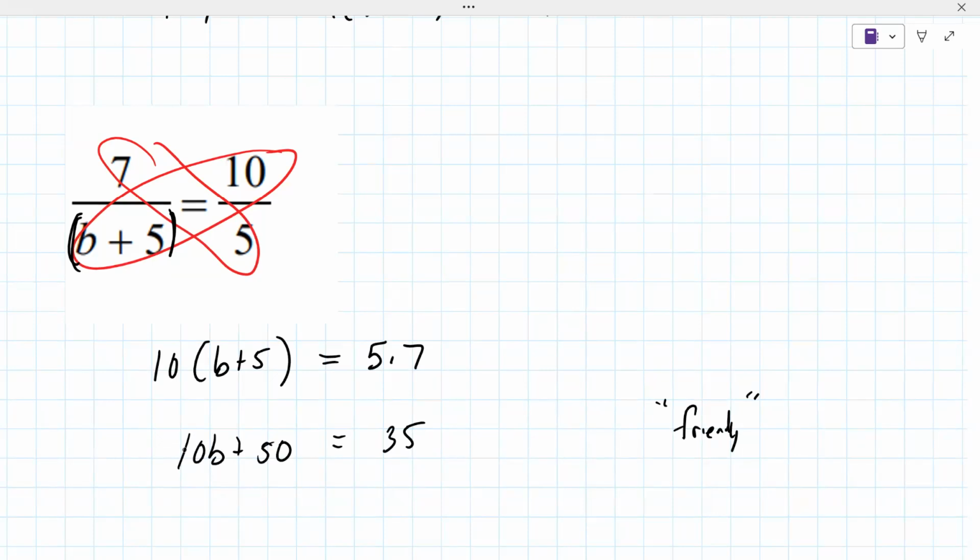That's okay. Negative 1.5. b equals negative 1.5. Good. All right, so here is another one for you to try.